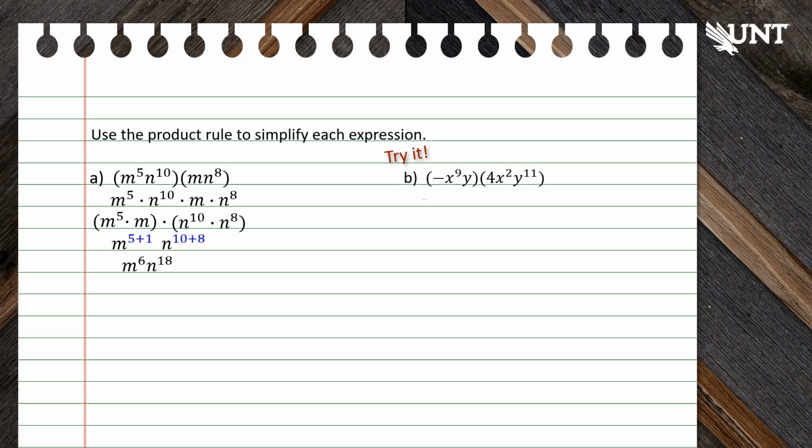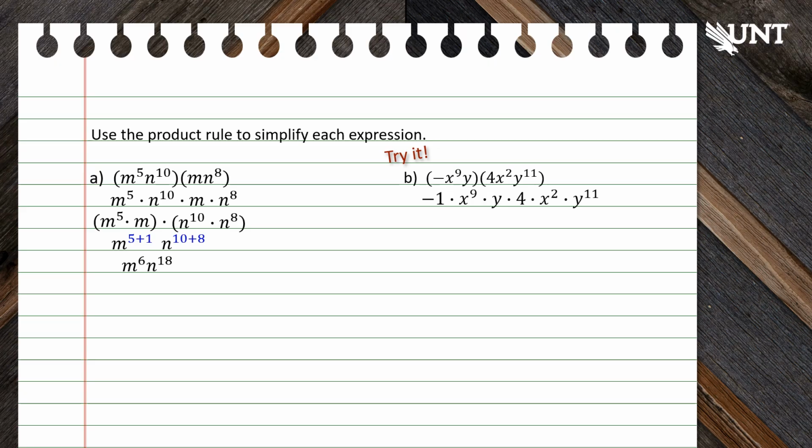Just like the previous example, we rewrite the factors individually without parentheses because they're all performing multiplication. In this case, I have negative 1 times x to the 9th times y times 4 times x squared times y to the 11th. From here, I decide how many different categories I'm dealing with.